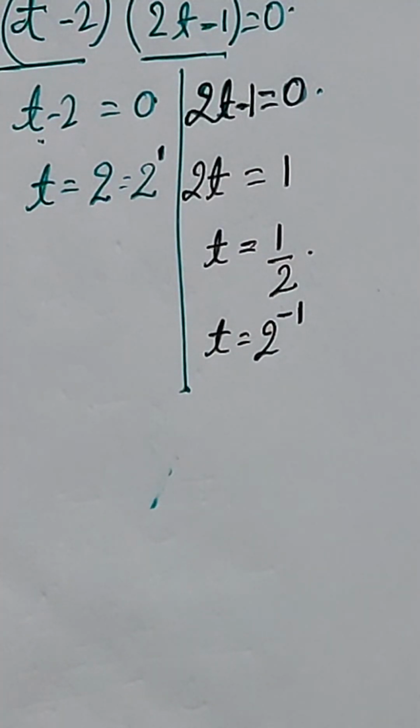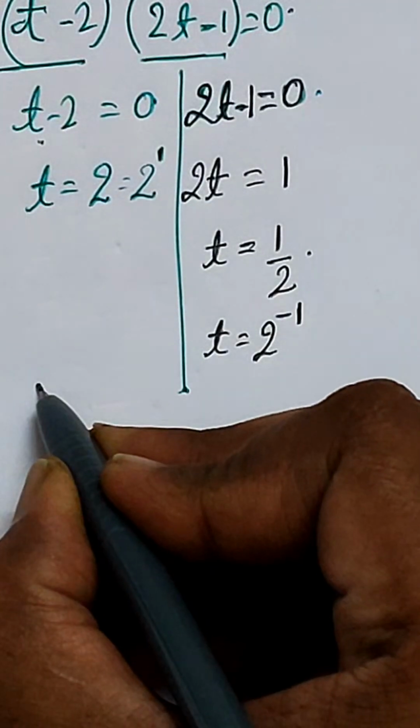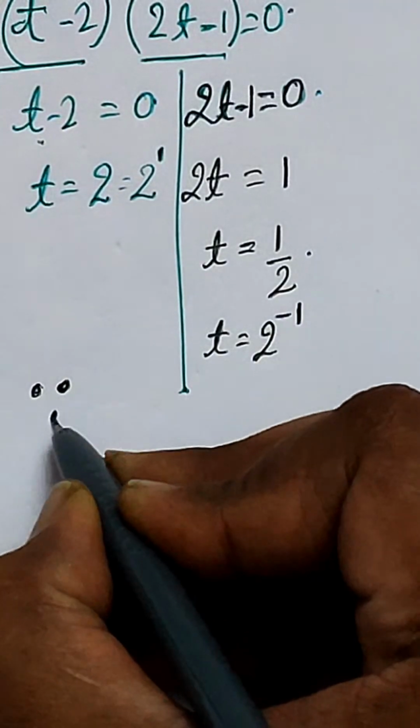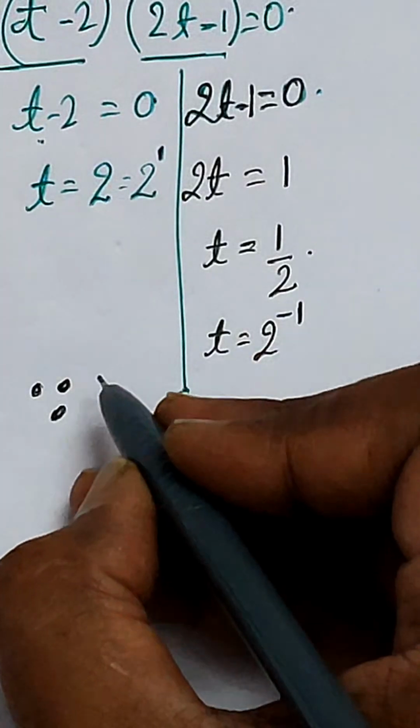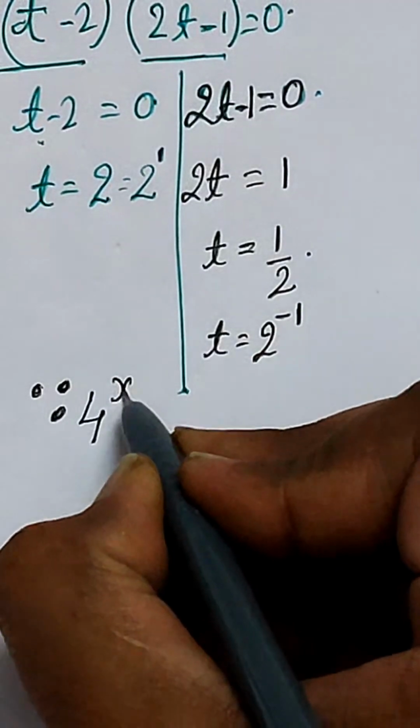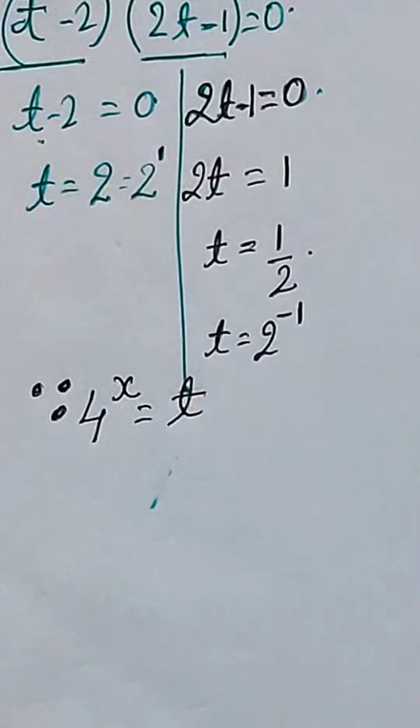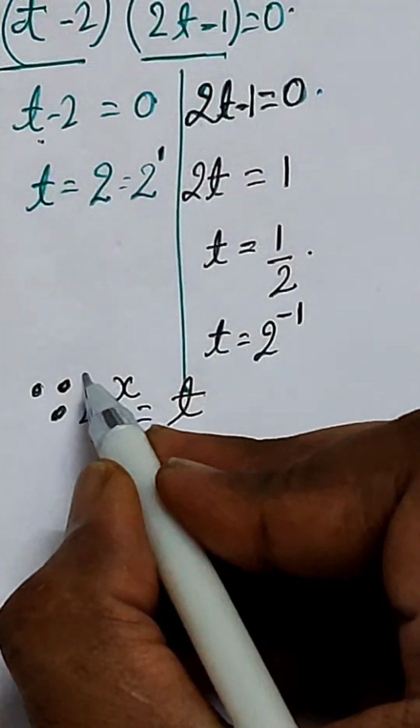But what we did, we have assumed 4 power x is equal to t. This was our assumption.